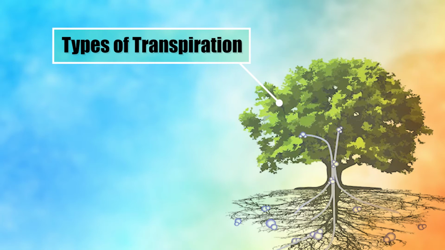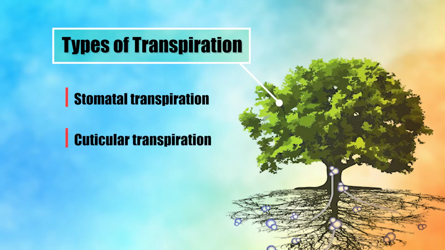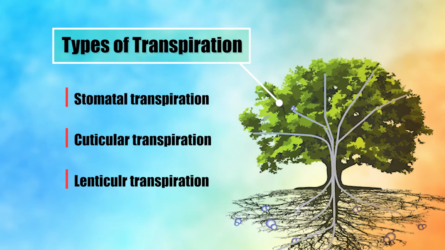For drawing water, they have to transpire. Depending on the sites or regions from where transpiration takes place, it is divided into three types: stomatal transpiration, cuticular transpiration and lenticular transpiration.